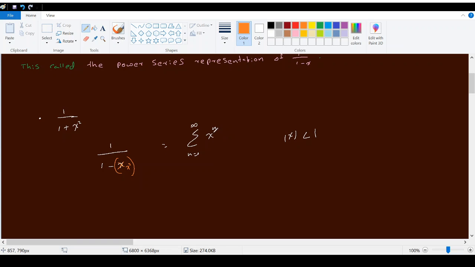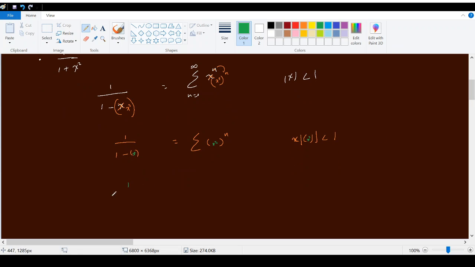So instead of this x, you will get an x squared term, and that will be raised to power n. Originally we had 1 minus something, and that was equal to this term raised to power n, and the modulus of this term should be less than 1. So inside this term I am writing x squared. So here you will get x squared, here you will get x squared, right?